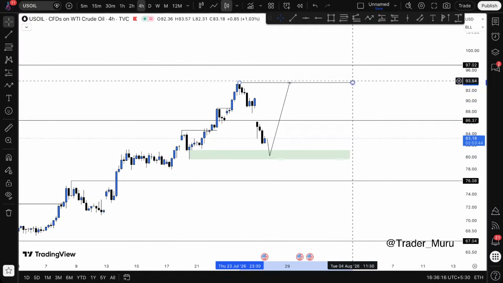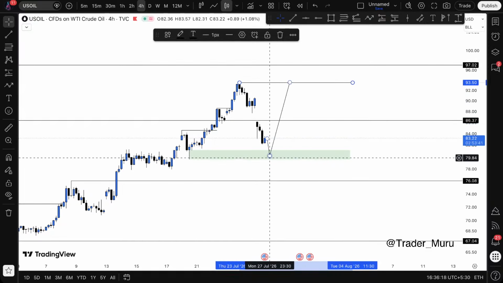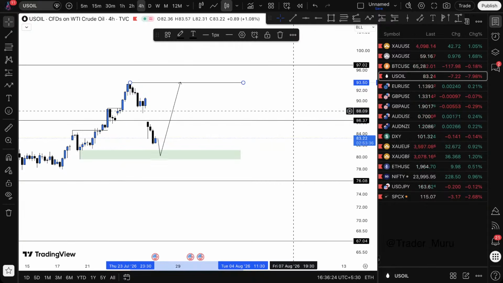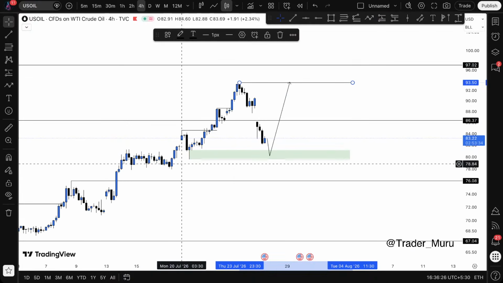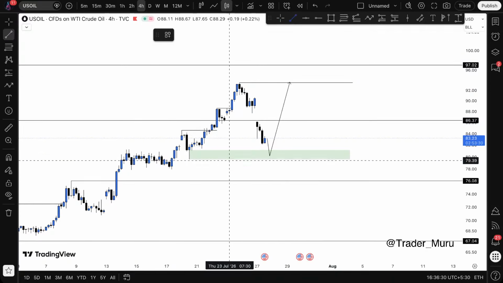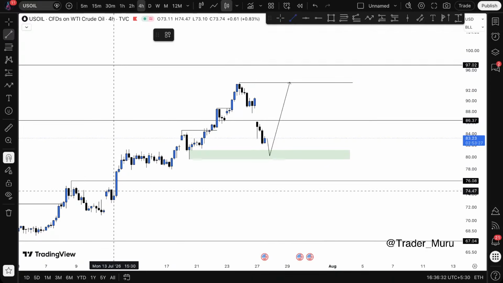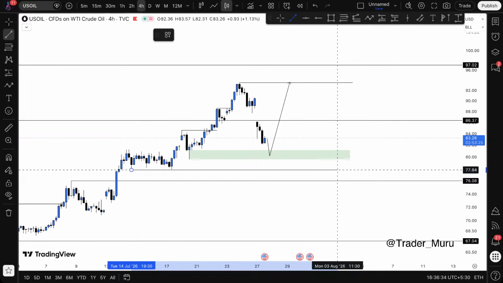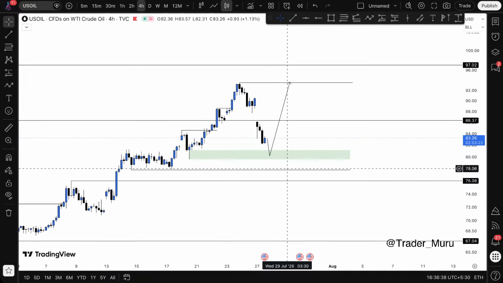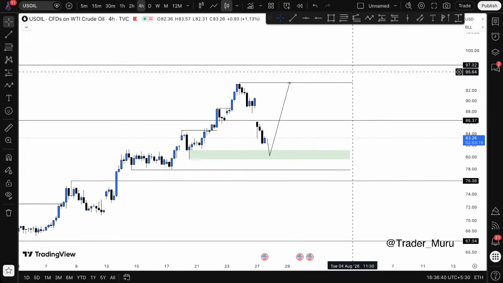Here your confirmation will be a 1 hour change of character to the bullish side. The max thing that can happen here is a sweep of these equal lows and reclaim of this level. Sweep of these equal lows, reclaim this level and pump again.